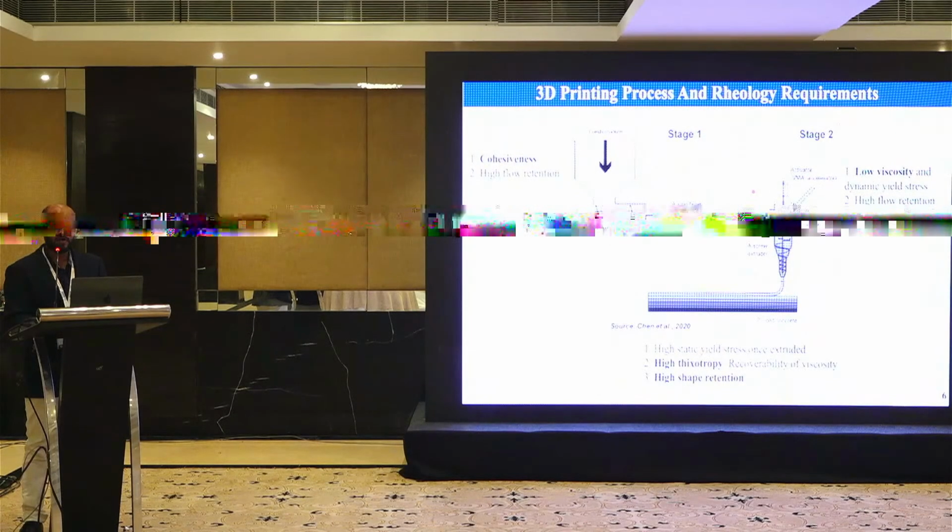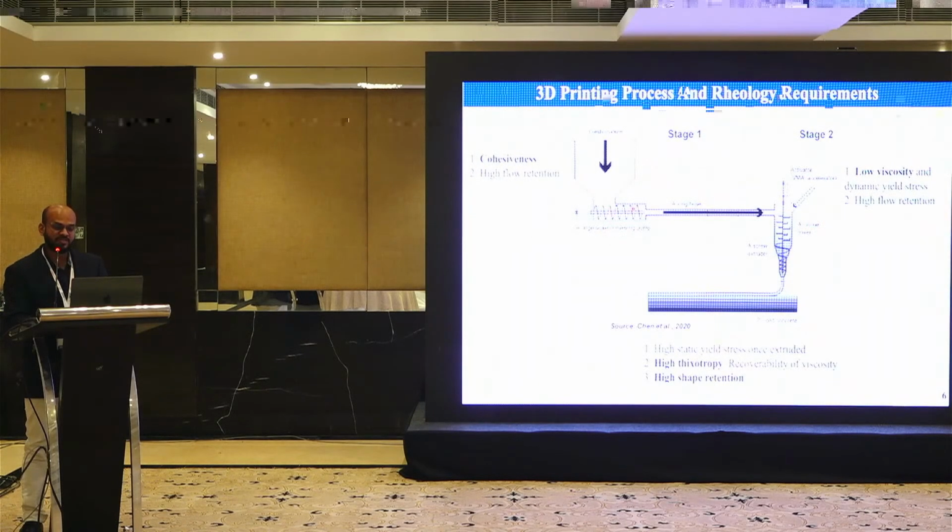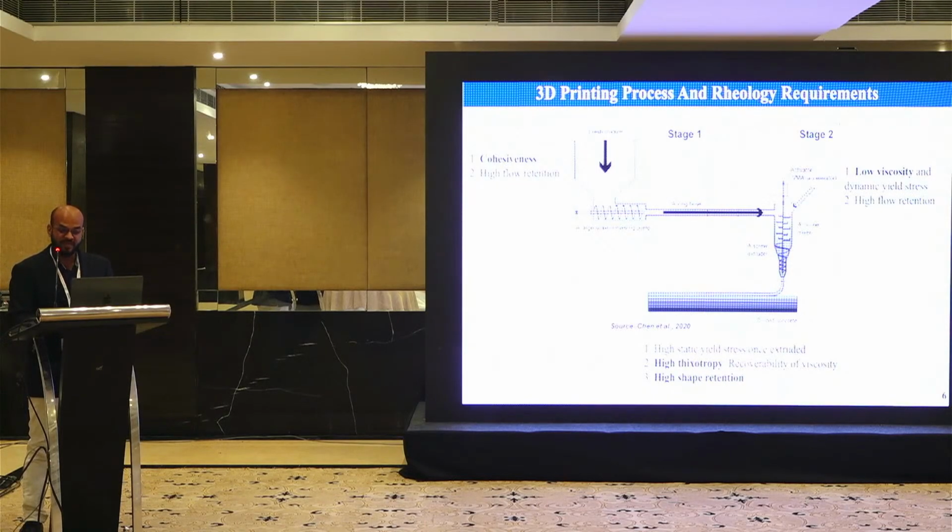When the material is very cohesive it may have high viscosity, but when it is being pushed through the extruder it should possess low viscosity. And when it is deposited, it should again recover the viscosity, so that it can tolerate the load of the upper layers and be buildable.